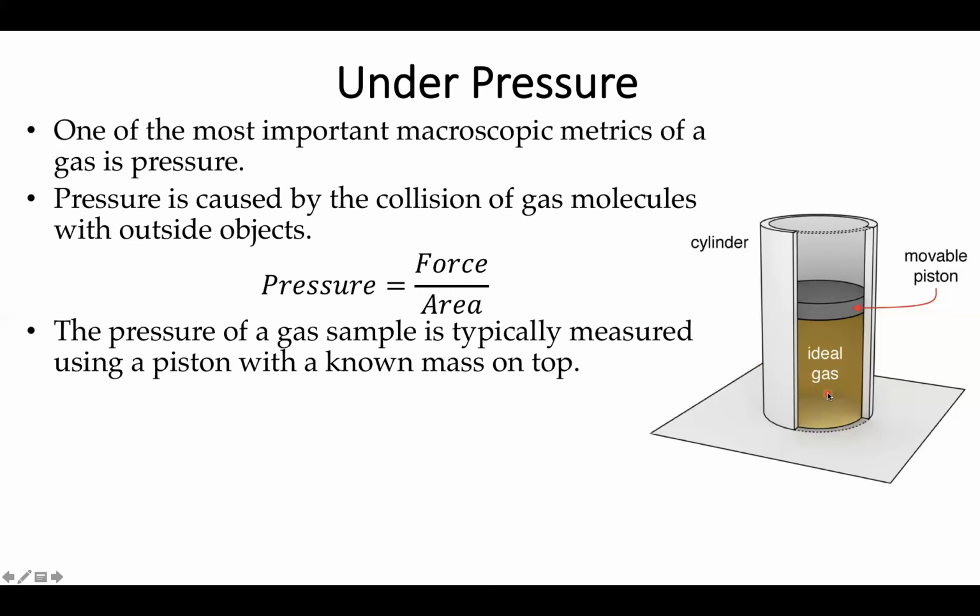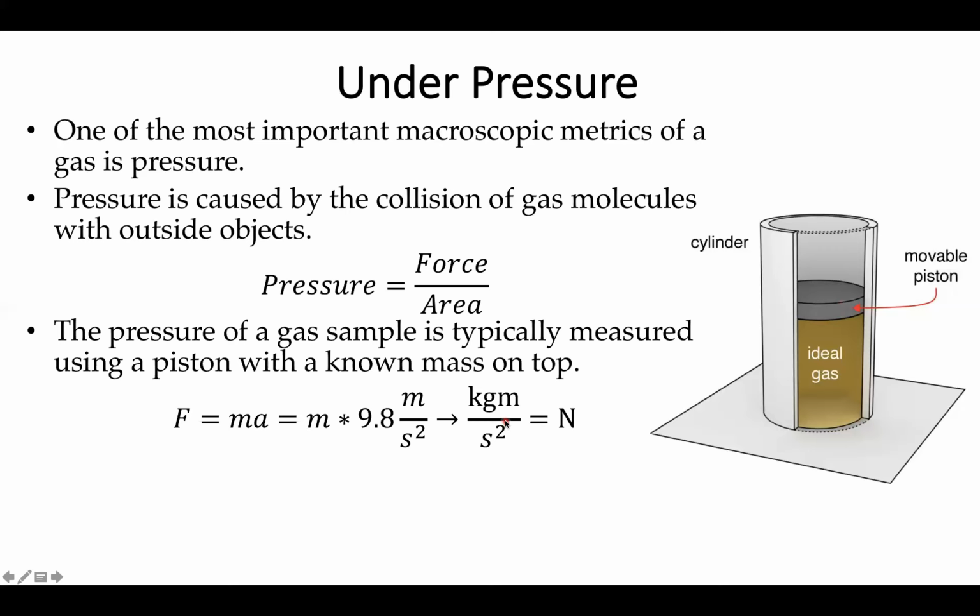And one of the easiest ways you can do this is by making that force applied by simply putting a mass on top of the piston. Now, one of the cool features of when you do this is that if you know the mass, you're going to get the force based on the acceleration of that mass. You say that mass isn't accelerating at all, but this is where that pesky idea of gravity comes in, because gravity puts a constant acceleration on any falling object.